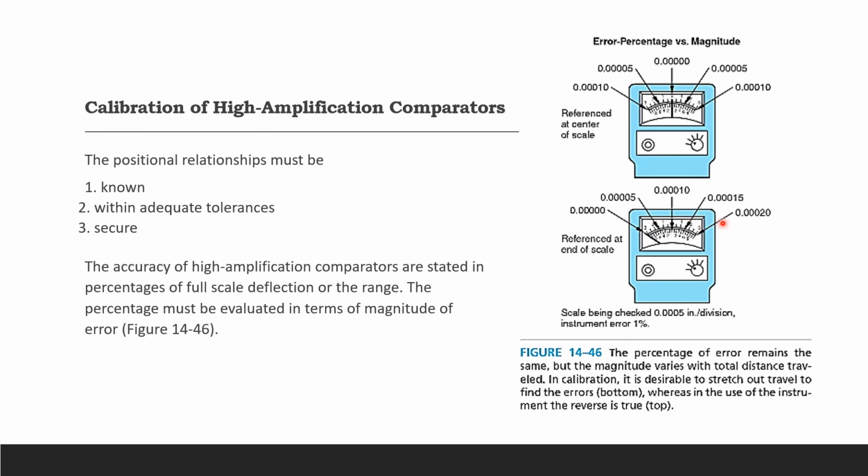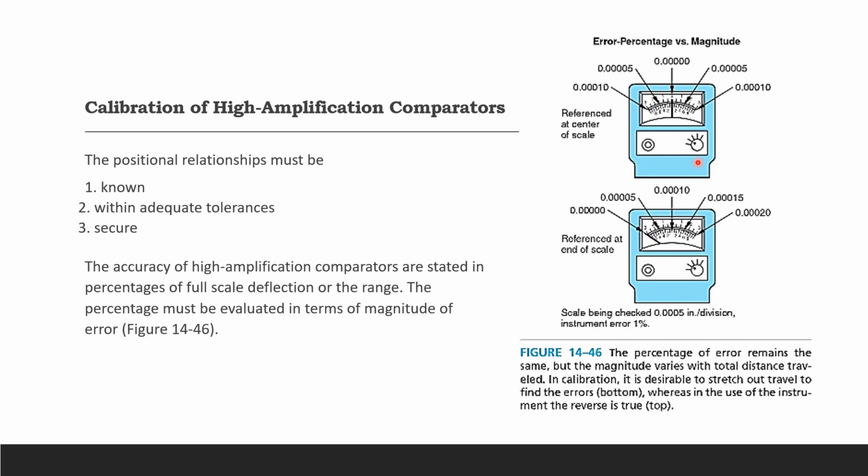In calibration, it is desirable to stretch out travel to find the errors, whereas in the use of instruments, the reverse is true. Here the scale being checked is 0.0005 inches per division. Your instrument error, they said, is 1%.